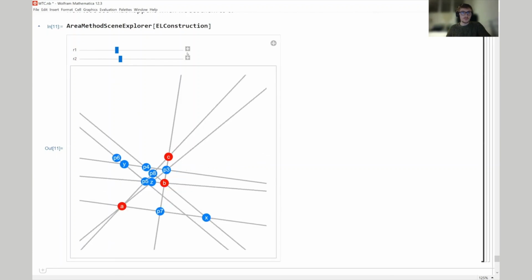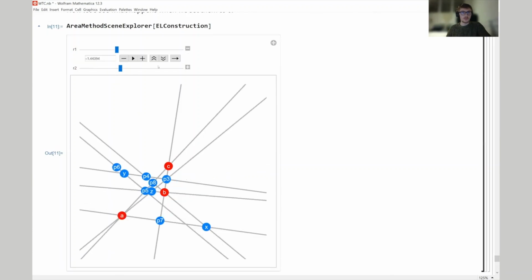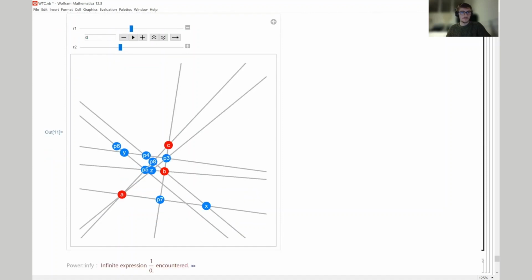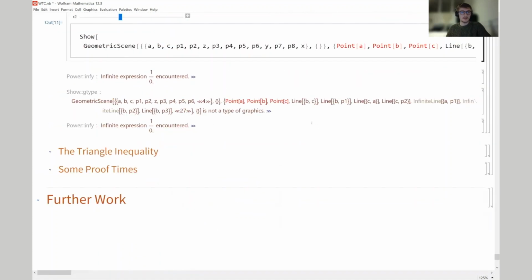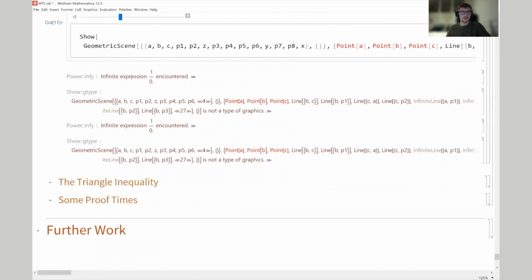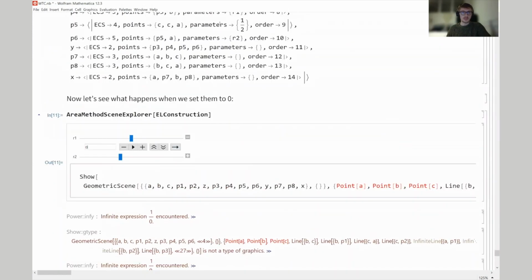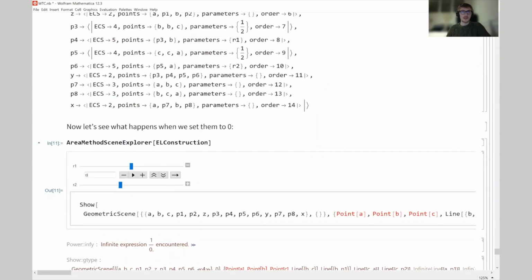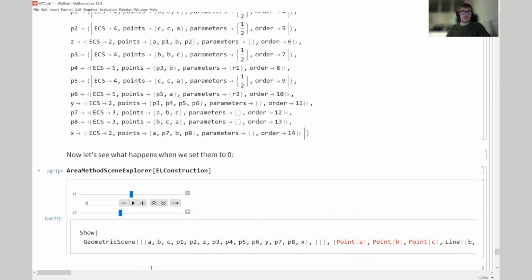And what happens if we set one of them to 0? And you see the construction breaks. We get an infinite expression, 1 over 0. So this means if you were to study what exactly this would mean for the construction, that P3 is identified with the point B, and then the line through P3 and B is non-unique, which causes something farther in the construction to fail.